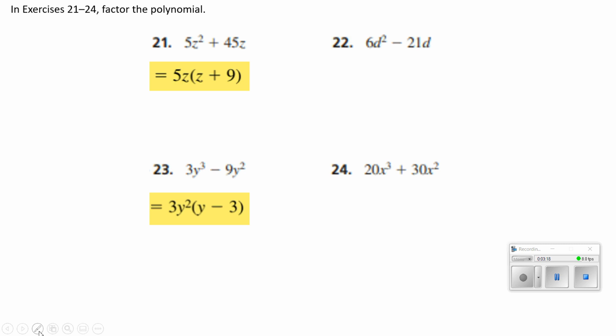For those that didn't quite grasp that, I'm just going to go over one of these. I know that 5 and 45, when I factor them out, this will give me 5 times 1, right? And I could take 1 and multiply it to 45 over here.